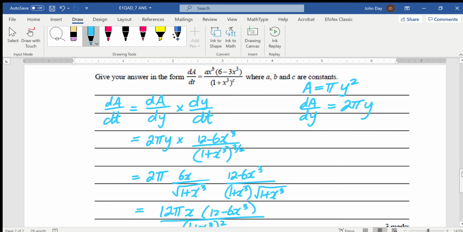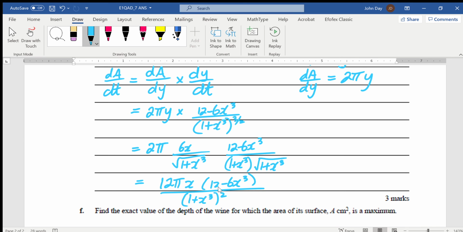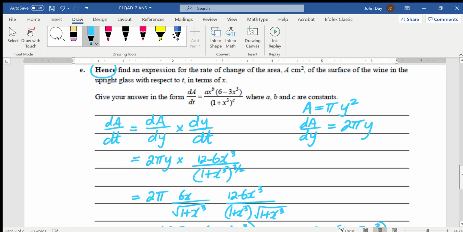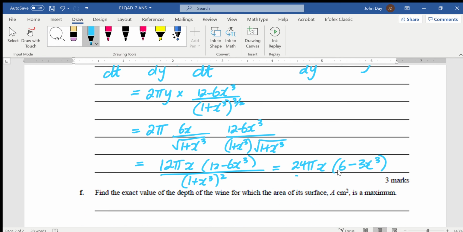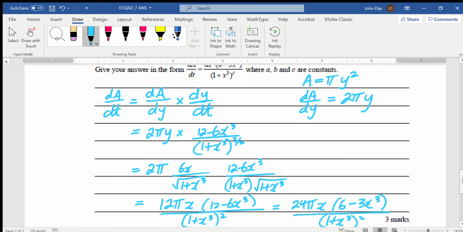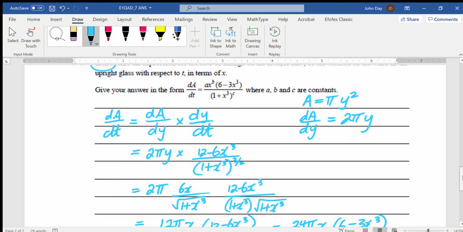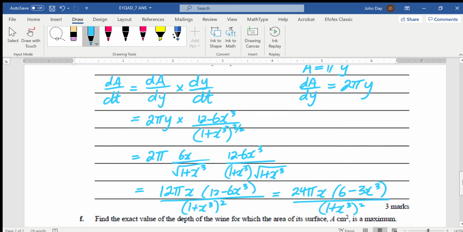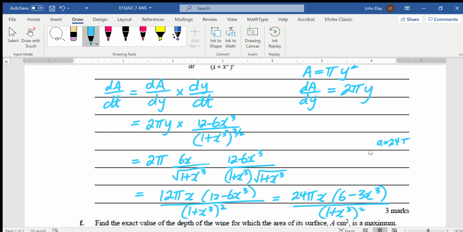So I need to make it 6 minus 3x cubed. It's got to take 2 out of there. So that's going to be 24 pi x (6 minus 3x cubed), and the bottom is (1 plus x cubed) to the c, so all on (1 plus x cubed) squared. From what they were asking, their a is 24 pi, their b is 1 and their c is 2.